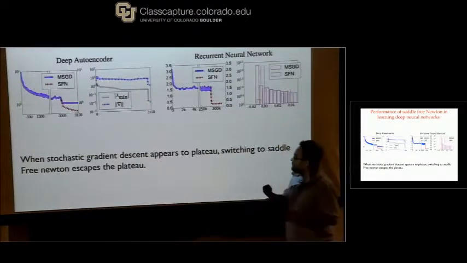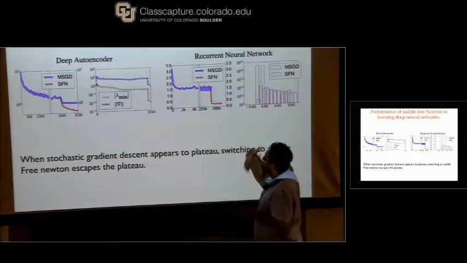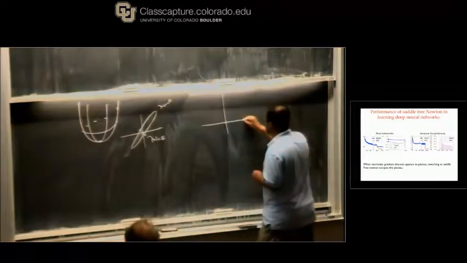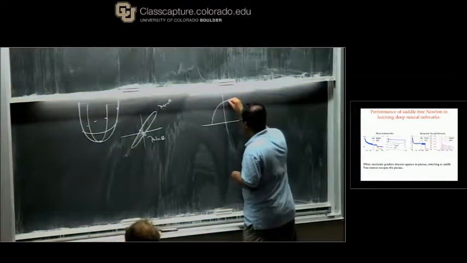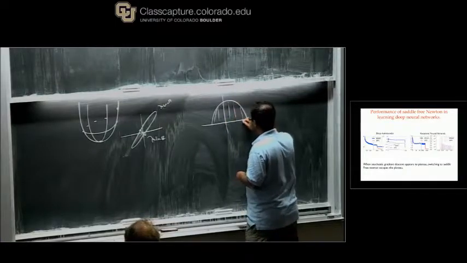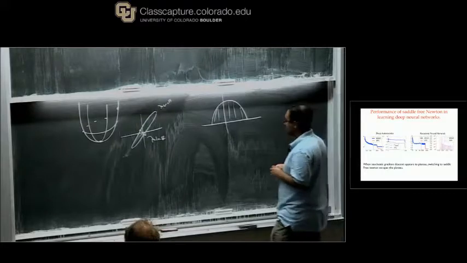So that suggests a picture that this plateau is not really a local minimum, but actually a saddle point, and you're getting slowed down because of the flat directions, right? So remember, the Kac-Rice formula gives you the entire spectrum of the Hessian. It's like a Wigner semicircle shifted by an amount determined by the error level.